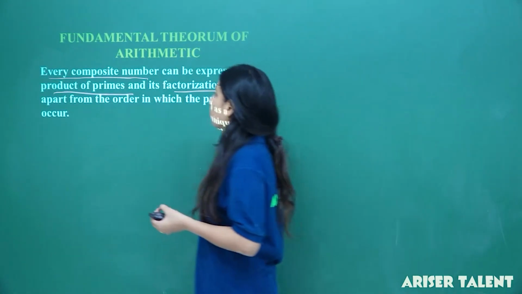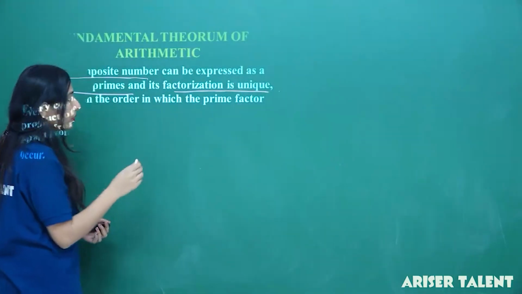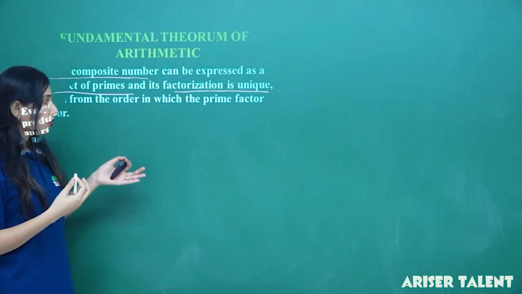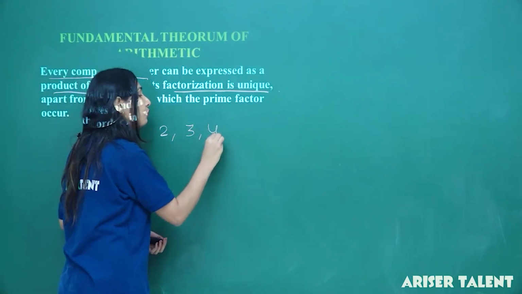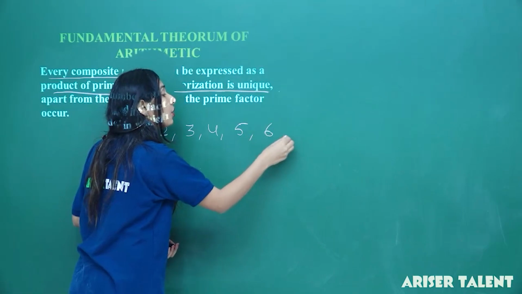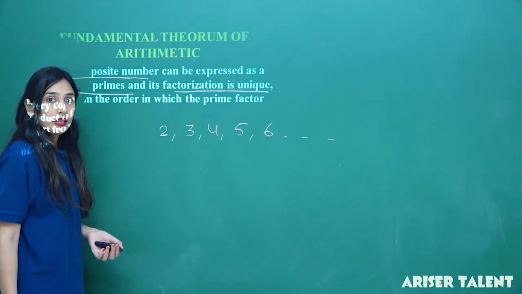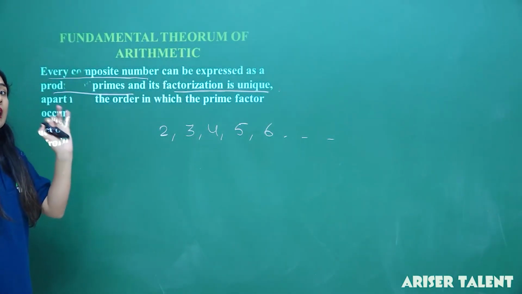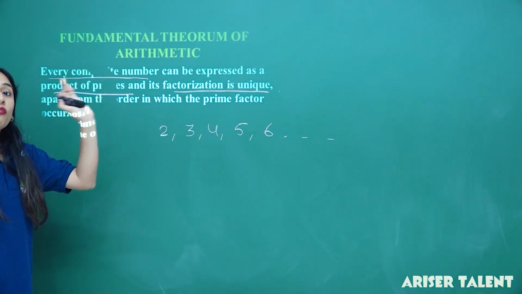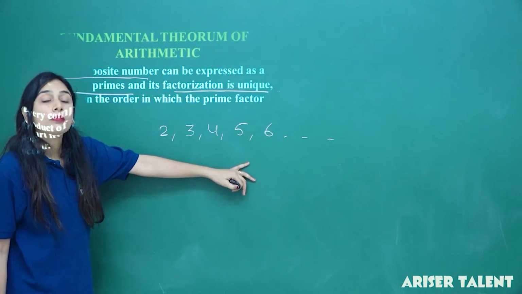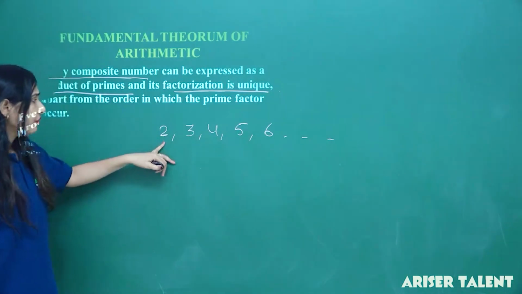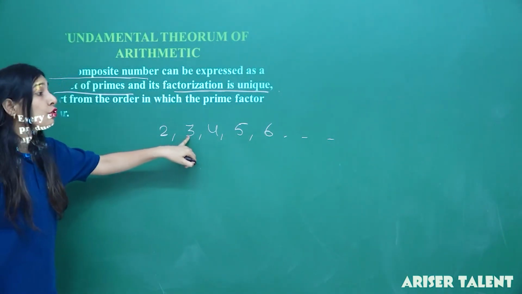You have any number from your integers. So, if you take 2 or 3 or 4 or 5 or 6 or any number, it will be made from the factors of prime numbers. Like we have studied, 2 is prime, 3 is prime.